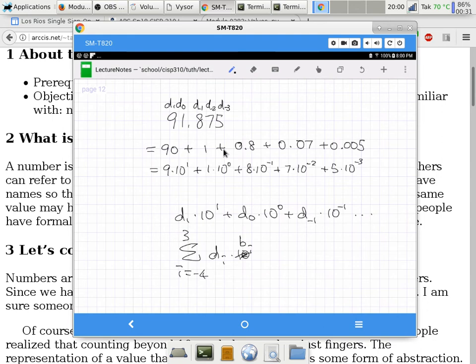Base 10 is just what we are used to, but it's not the only base that we can use. We can use base 2. Now base 2 is particularly important. Why? Because it ties into something that we have been talking about already. Binary. But why do we care about binary? Zeros and ones. Is the transistor on or off, right?